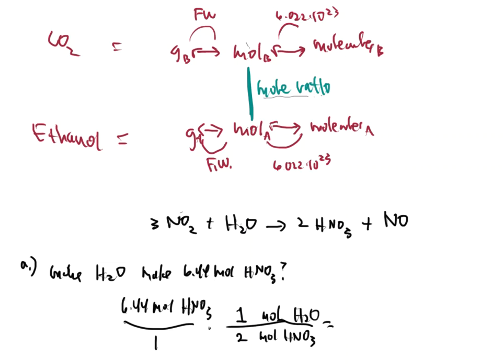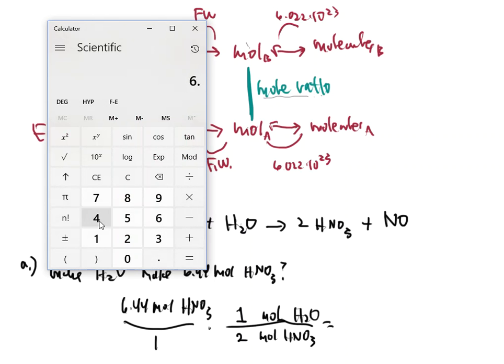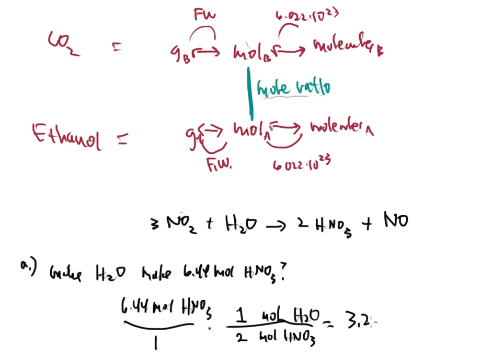So I'm going to take 6.44, multiply by 1, divide by 2, hit enter, and that gives me 3.22 moles of water. So if I started off with 3.22 moles of water, then I'll end up with 6.44 moles of HNO3. That's all there is.